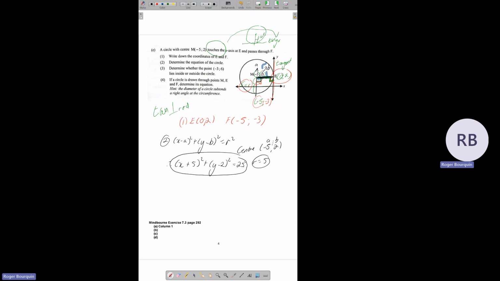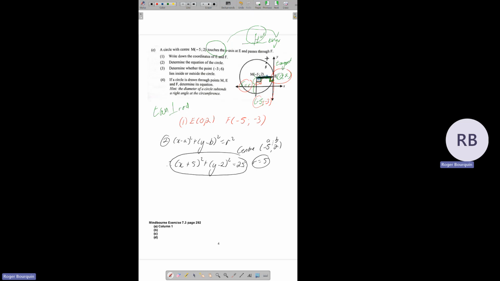Determine whether the point -3, 6 lies inside or outside the circle. We're not sure exactly where it is from this diagram, but it's -3 and somewhere up here. Let's get rid of that nonsense. I'm not sure whether it's there or there.